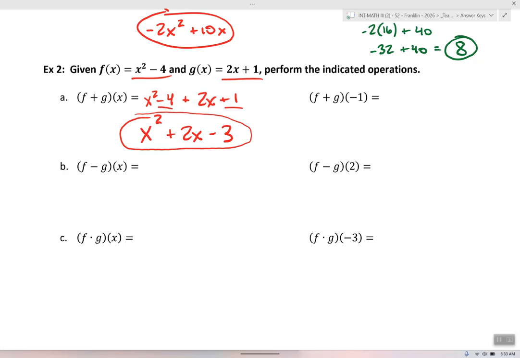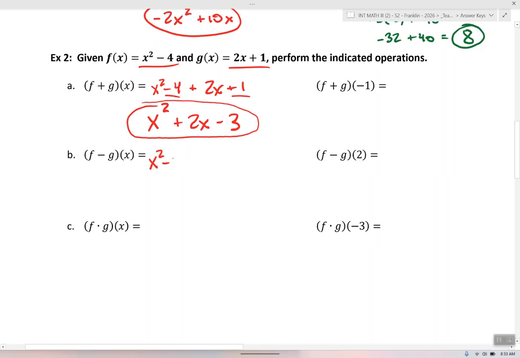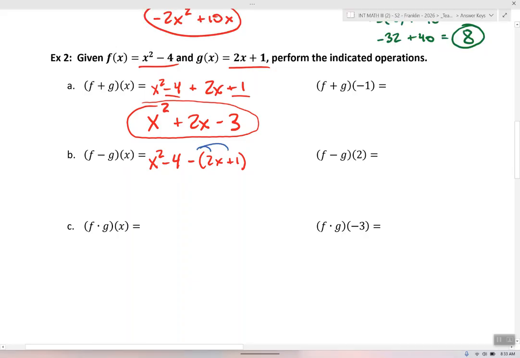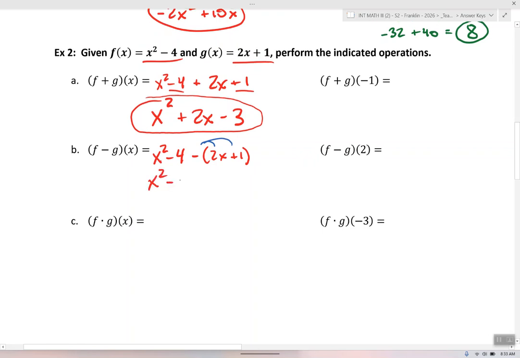F minus g of x, x squared minus 4, minus the whole thing, 2x plus 1, which, if you remember, we have to distribute that negative sign. We're subtracting both things. So x squared minus 4 minus 2x minus 1, which becomes x squared minus 2x minus 5.